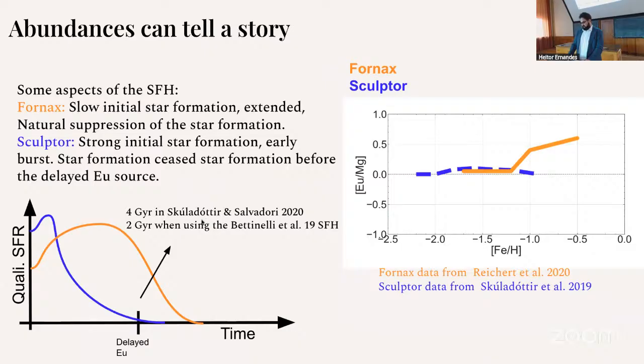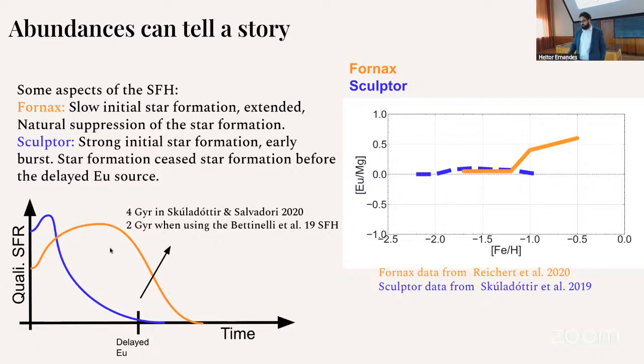So here we see that Fornax, at the very beginning, had a very slow star formation history. So we can see here that in this part, it's basically flat. So whatever is adding europium is adding Mg at the same pace.